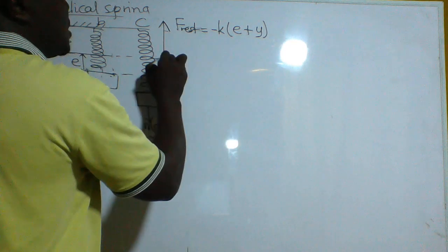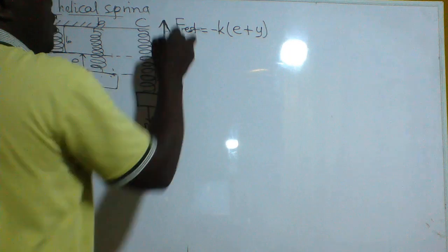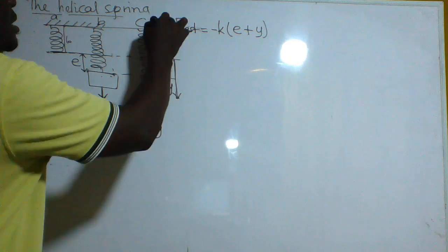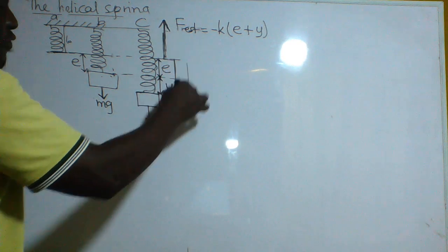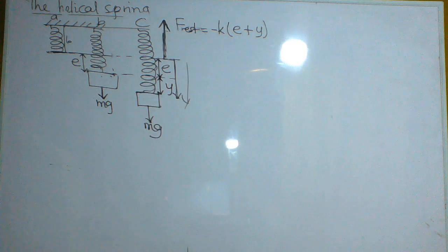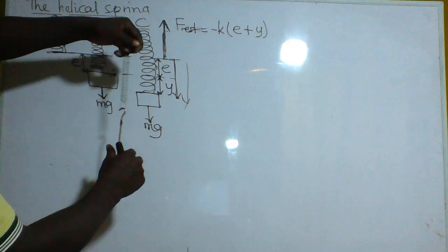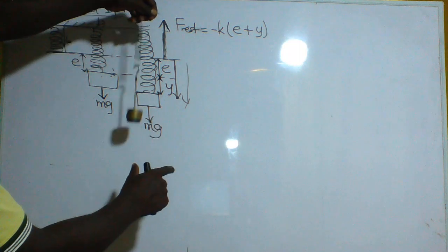So this will be the magnitude of the restoring force, which will act against the downward direction of e and y. When that is done, the body continues to oscillate.